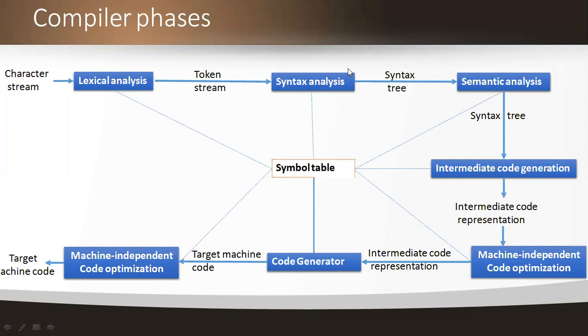Whatever internal functionality happens in the individual phases is going to be stored in the symbol table. So every phase should be connected to a symbol table. It is a must. And every phase should be connected with an error recovery strategy also.